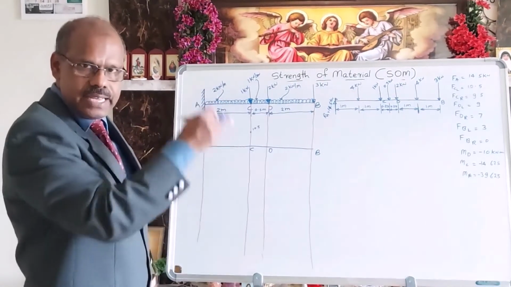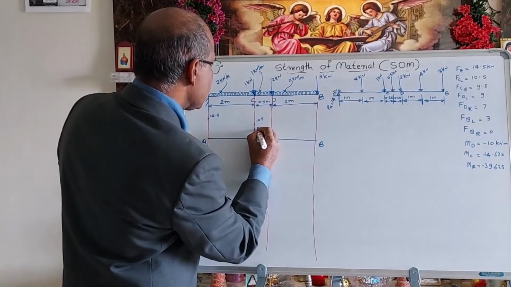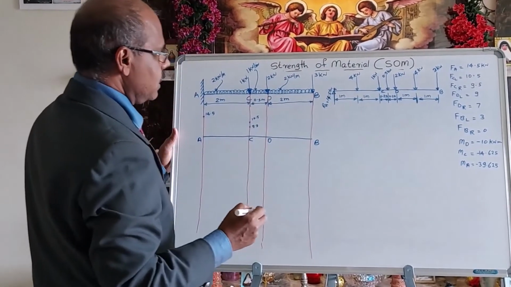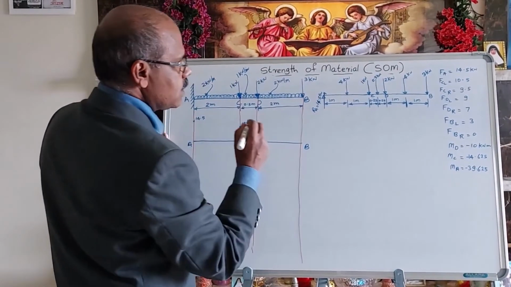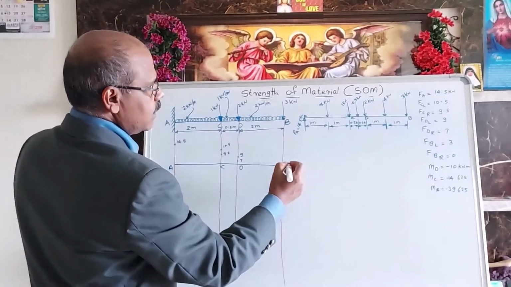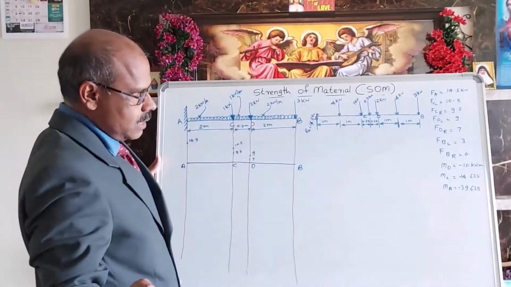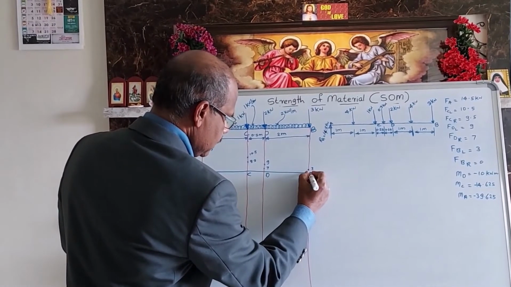Thereafter, in the same line of C we are having 9.5, so mark that also. Then FDL we are having 9. In FDR we are having 7. Then at point B we are having 3 and then 0.